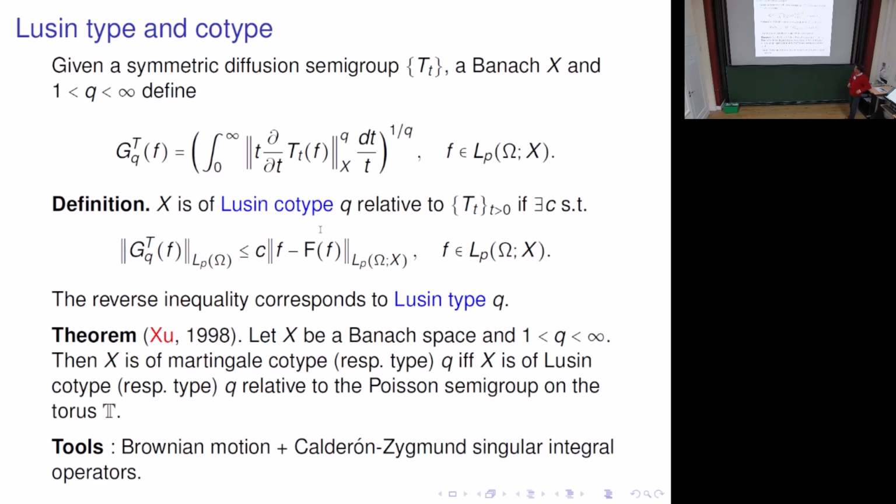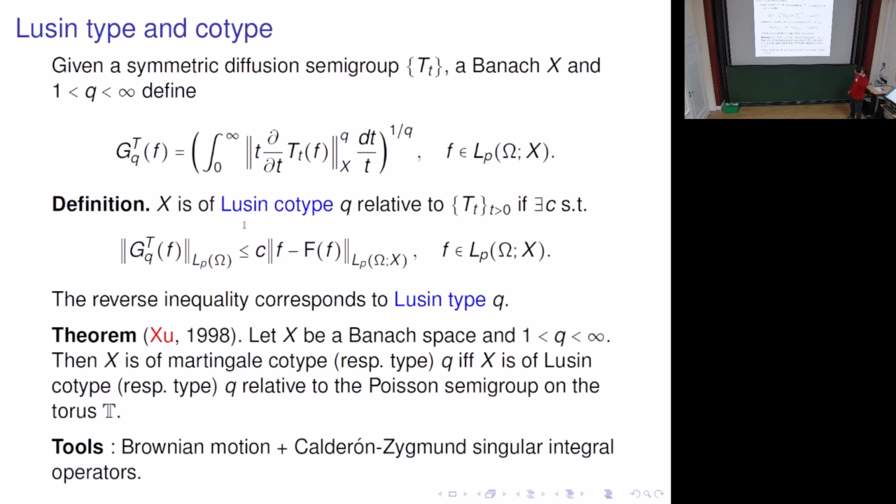Okay. So in this simplest case, this is a very classical semigroup on the unit circle. In this case, we proved that X is of Newton cotype Q if and only if it is of martingale cotype Q, and likewise for the type case.